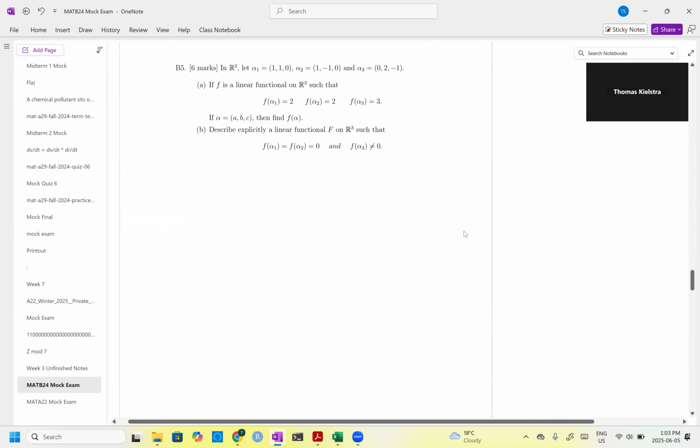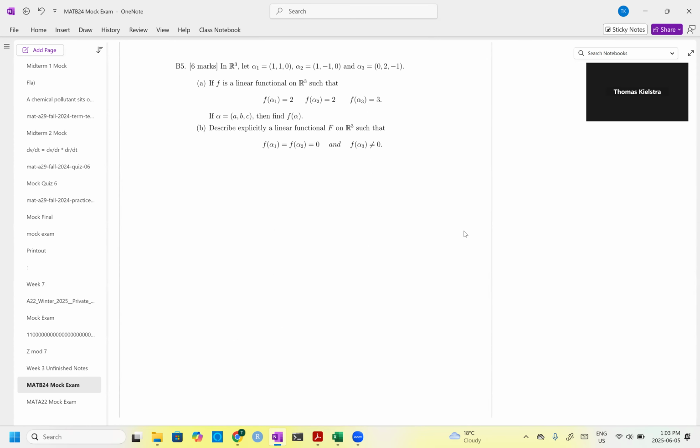Now we have another linear functional question. In this question, we're telling you what happens to the output, and you want to find f of alpha given alpha equals a, b, c. The idea here is that alpha 1, alpha 2, alpha 3 form a basis.